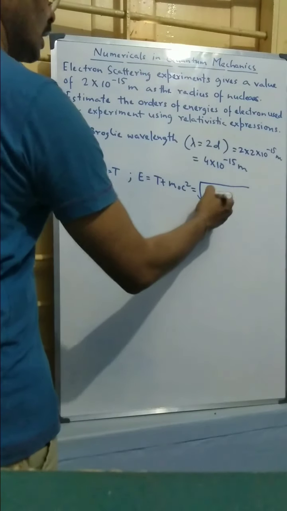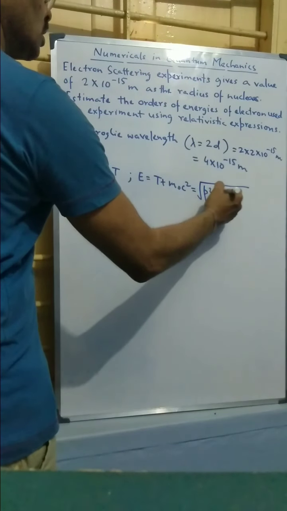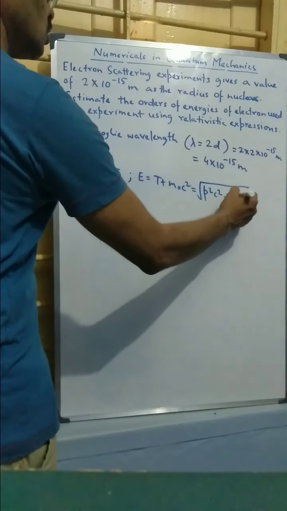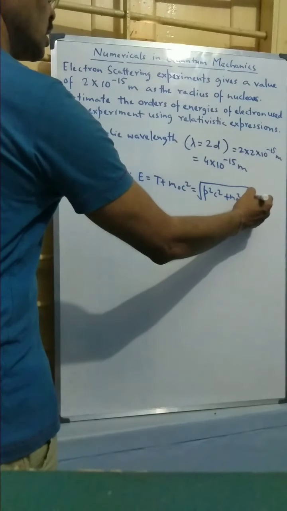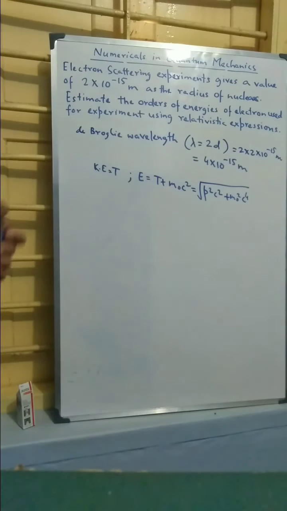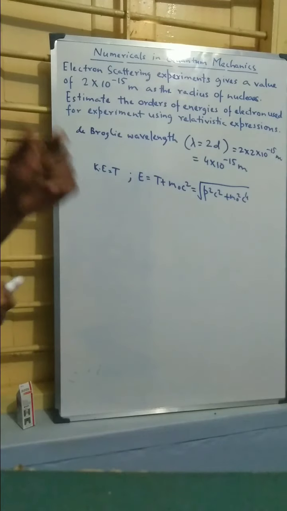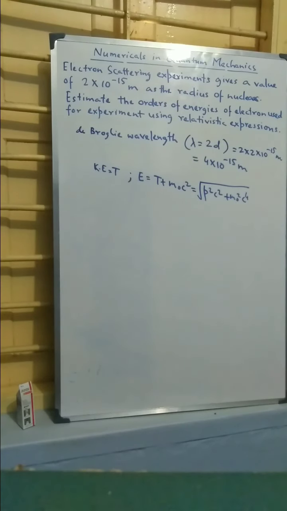According to the special theory of relativity, this is equal to the square root of p square c square plus m naught square c to the fourth. This particular expression has already been used in our Compton experiment, which I have taken as a class, if you remember correctly.